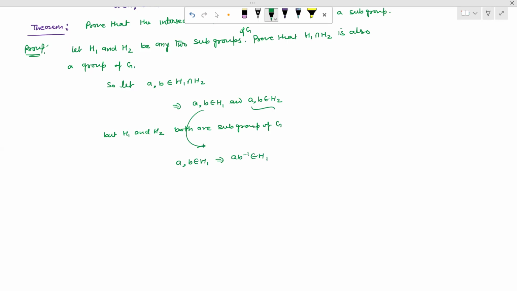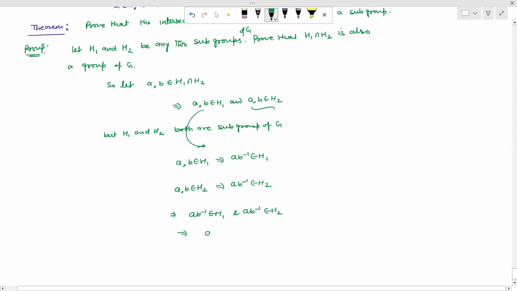For the second, AB belongs to H2, because H1 and H2 both are subgroups of G, so AB inverse also belongs to H2. So AB inverse belongs to H1 and AB inverse belongs to H2, which implies that AB inverse belongs to H1 intersection H2.